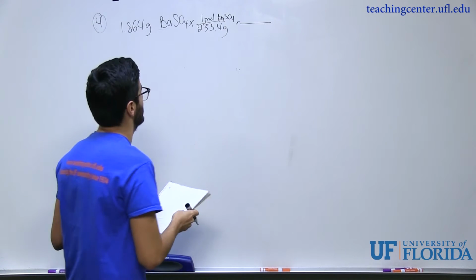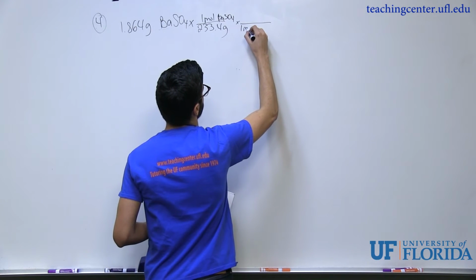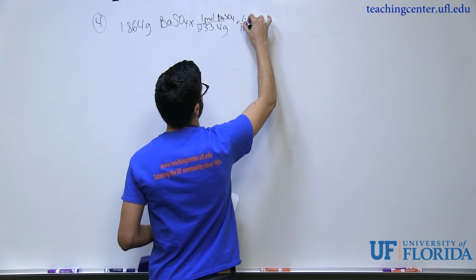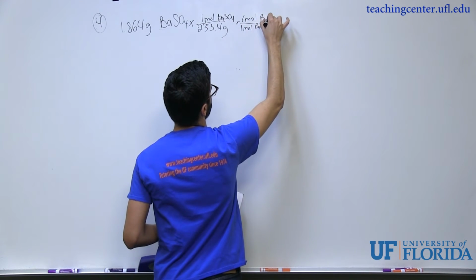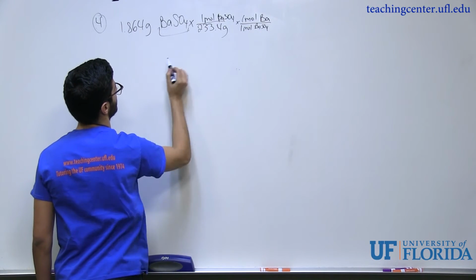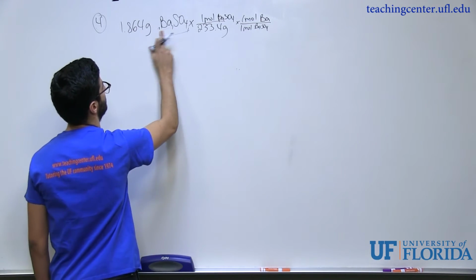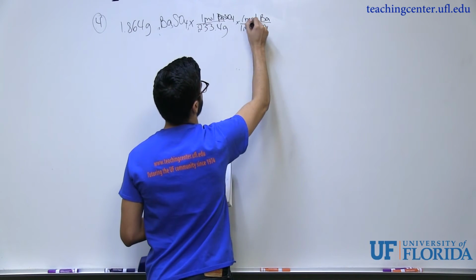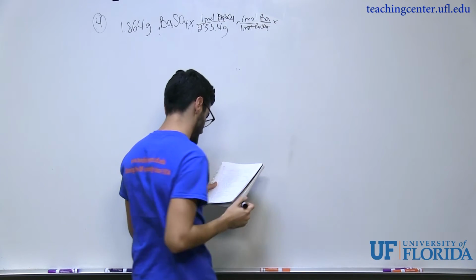For every 1 mole of BaSO4, I have 1 mole of barium, a mole-mole ratio. That cancels out moles of barium sulfate, so now I'm in moles of barium.